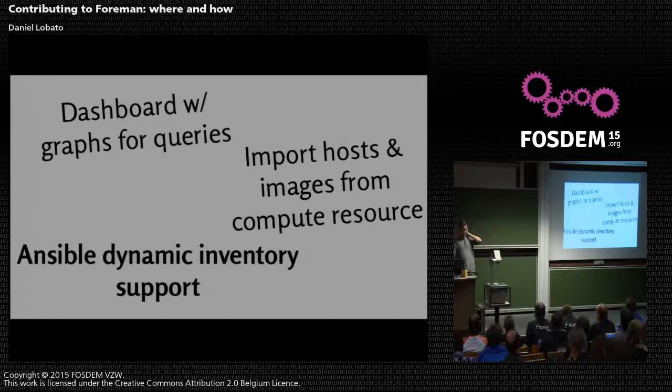We have a dynamic inventory for Ansible that some guy made more or less 1 year ago. I tested it and it works with all versions, but it's now abandoned because the guy left the company where he used this. So if anyone wants to start improving how the Ansible dynamic inventory works with Foreman, that would also be a nice initial contribution.